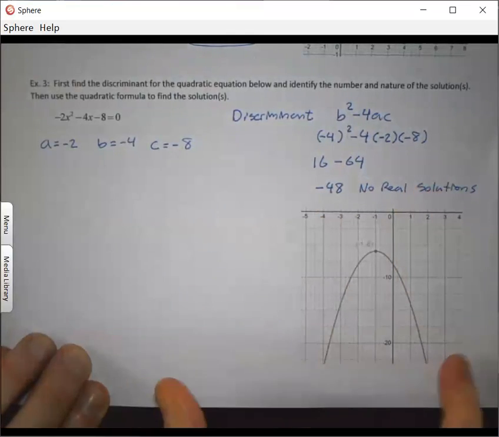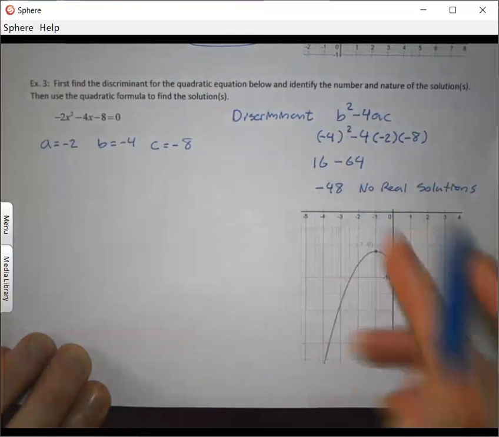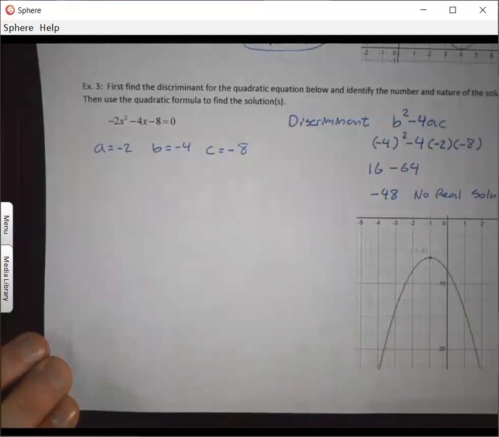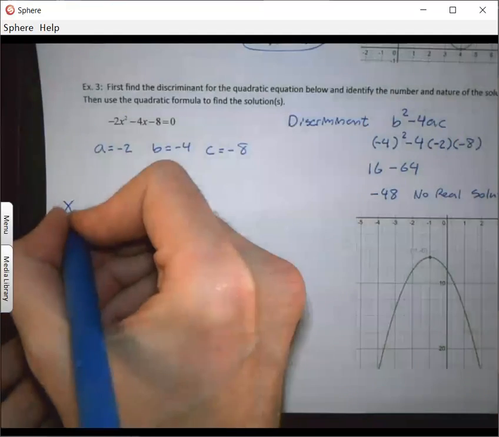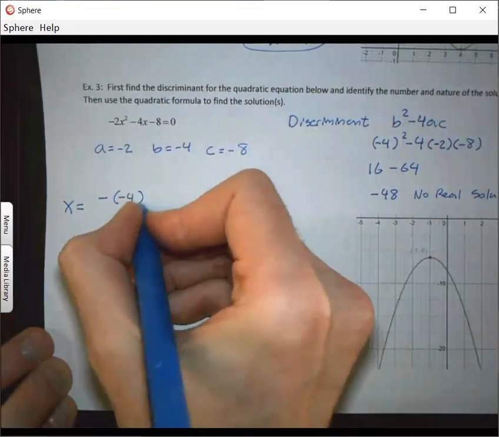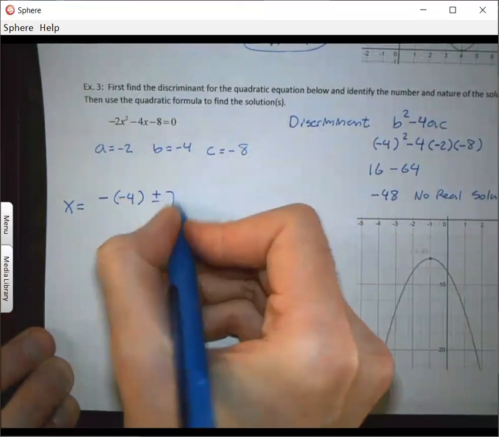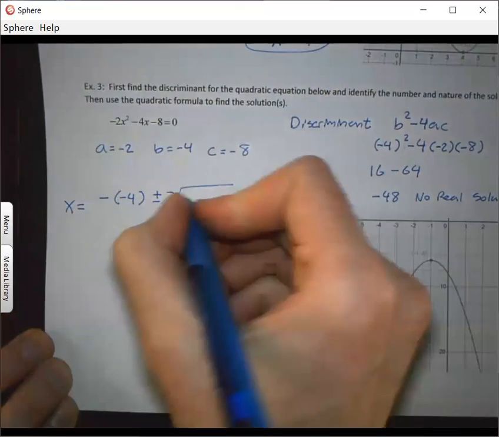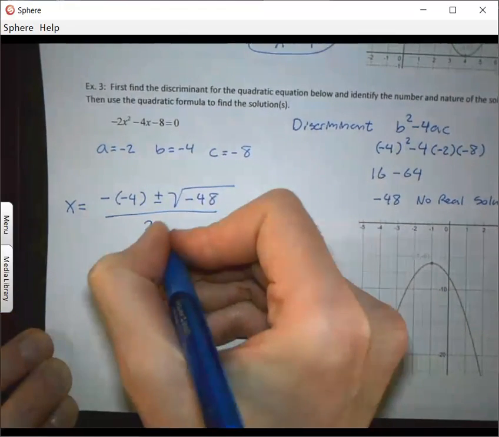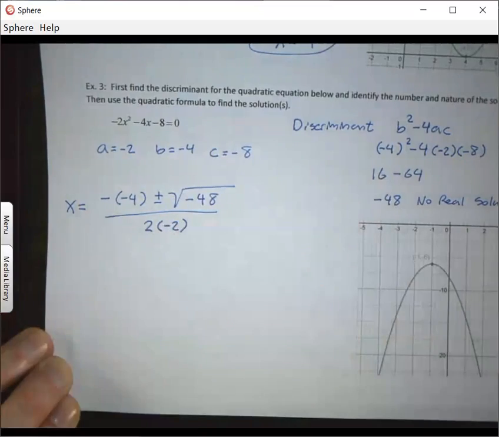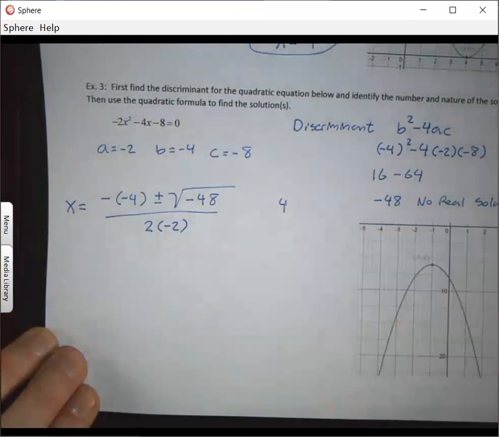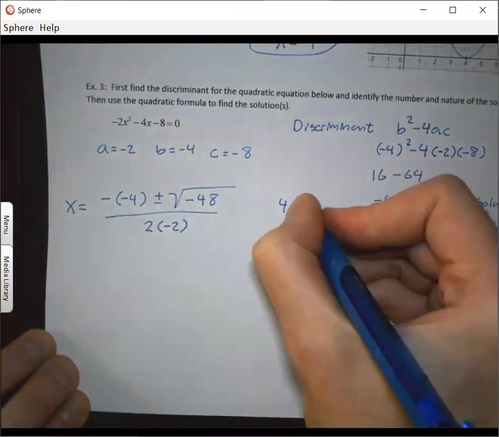All right, so we'll finish the quadratic formula and see how a negative under the root, or negative discriminant, will give us no real solutions. x is equal to minus b, which is minus 4, plus or minus the square root of our discriminant, which we found is minus 48, over 2a. So let's simplify. Minus a minus 4 is 4, plus or minus.